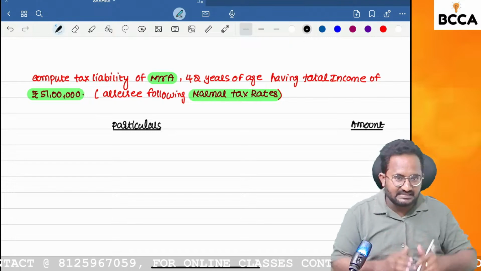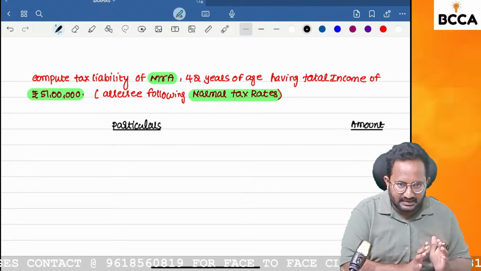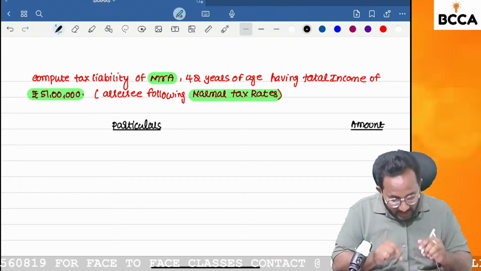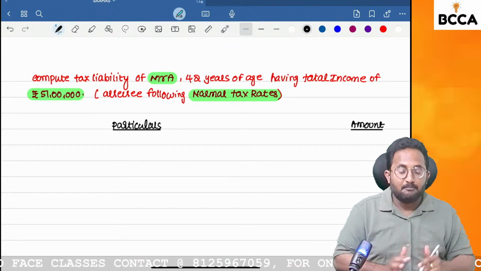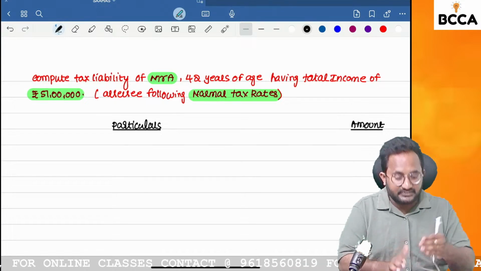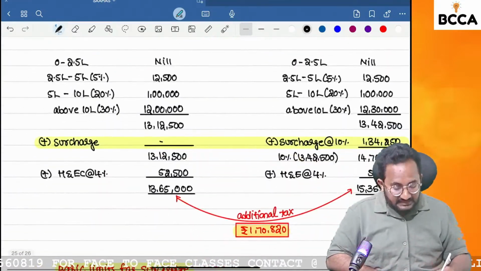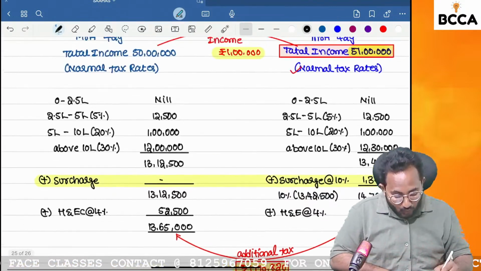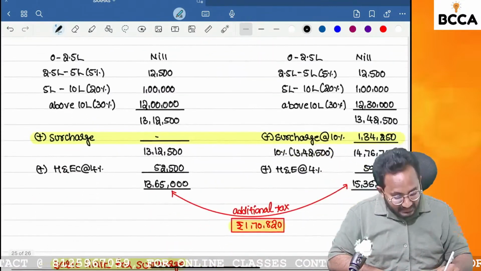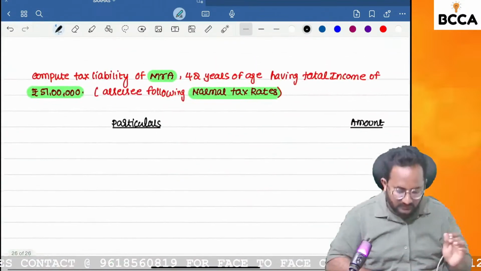If I am given 60 lakh, no need to follow this format either. Why? Here we are following the specific format because there is a chance of getting marginal relief because of surcharge. In some cases, compared to the additional income, we have to pay more additional tax. That's why we have to follow this format.